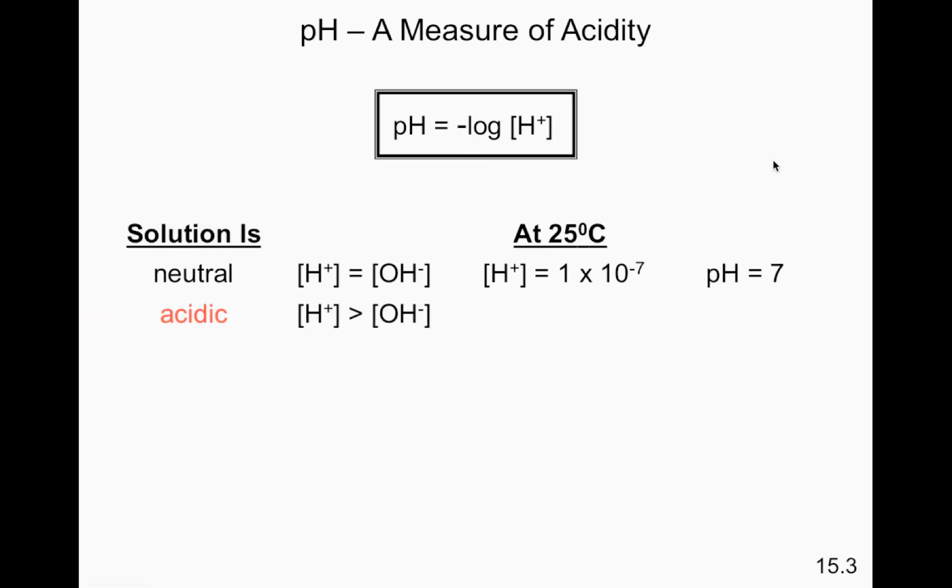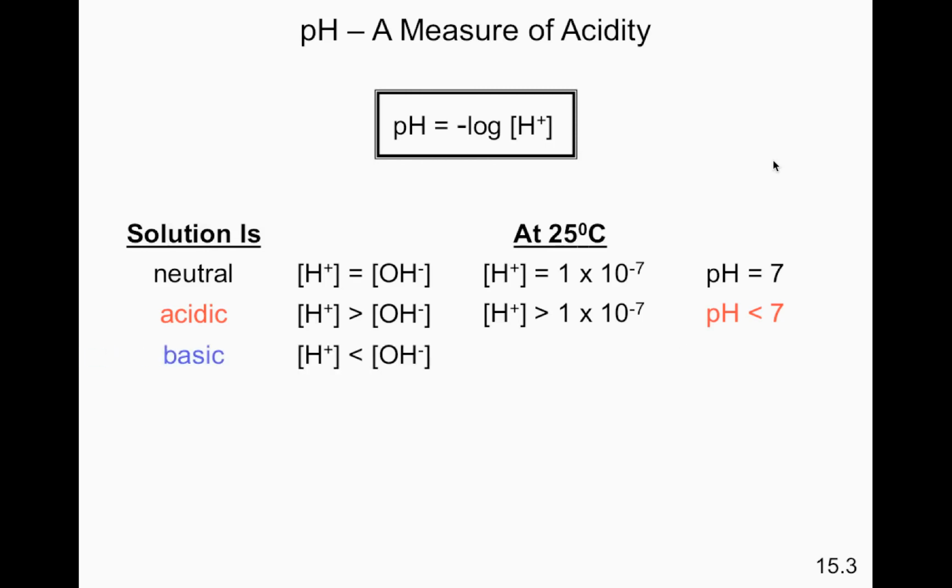Now, in an acidic solution, the hydrogen ion concentration is greater than the hydroxide. So let's say if we have a concentration greater than 1 times 10 to the negative 7, that means it would be something like 1 times 10 to the negative 6th, 1 times 10 to the negative 3rd. pH is going to be less than 7. So pHs less than 7 are acids, and the further from 7 they are, the stronger the acid is.